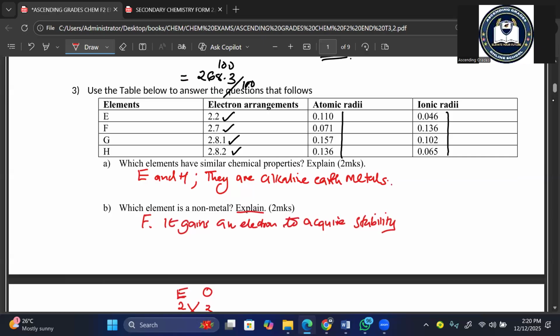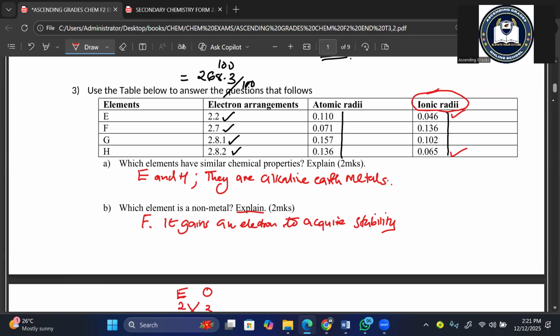So we are having E and H, and we are comparing the atomic radius. So what can we say? The difference is as a result of the number of energy levels.